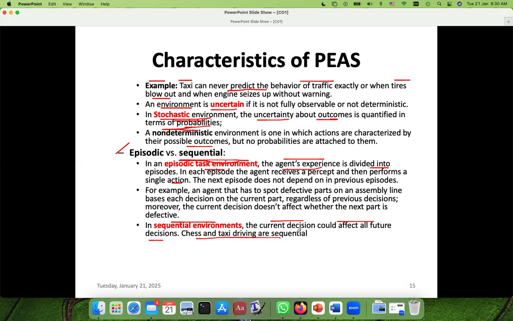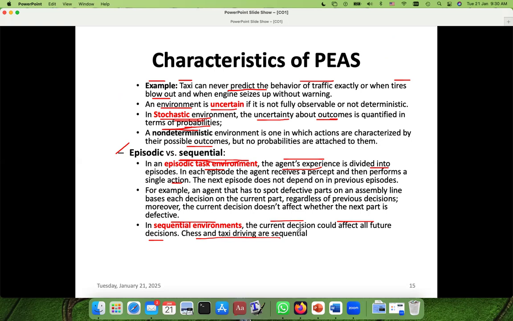But the vacuum cleaner example is episodic. The next state is, for example, location A, location B. If you want to clean location B, it is episodic, because the episodes do not depend on each other.